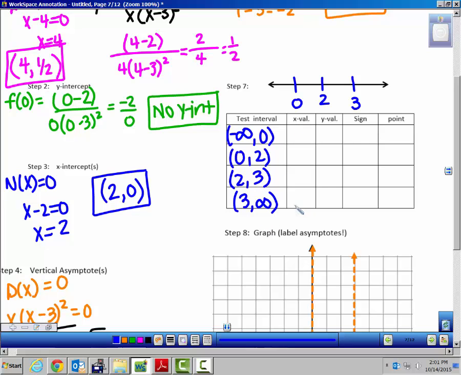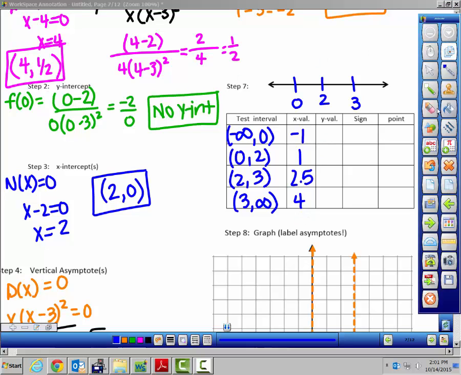Choose any x value you want that falls in that interval. So I'm going to choose negative 1, positive 1, 2.5, and 4. I'm going to save us some time. Actually, I'm going to choose 5 because I've already calculated that, so save myself some time.